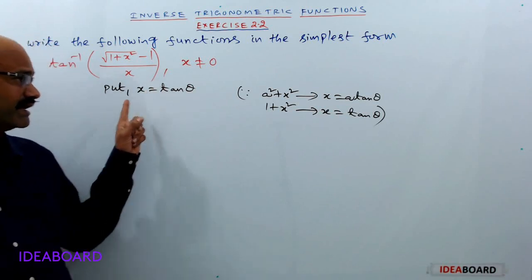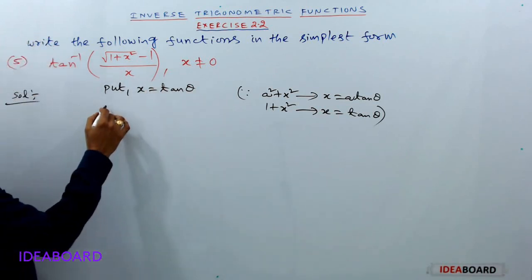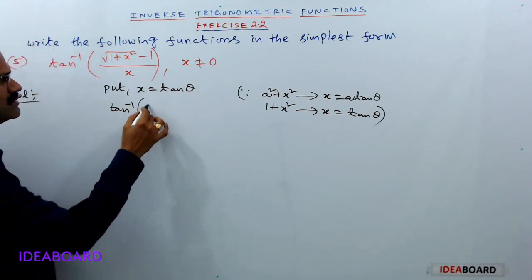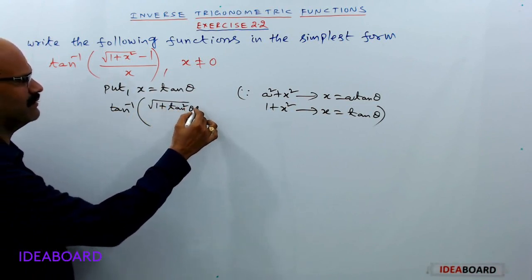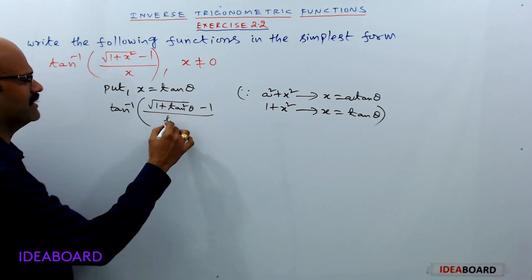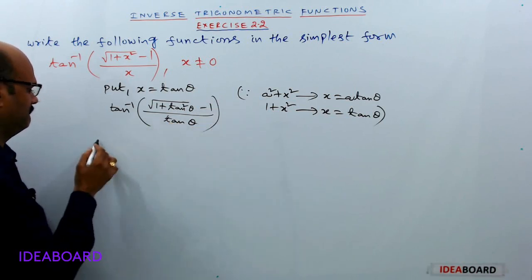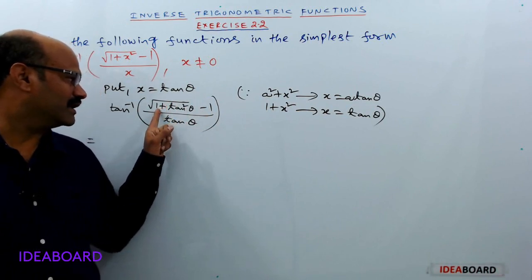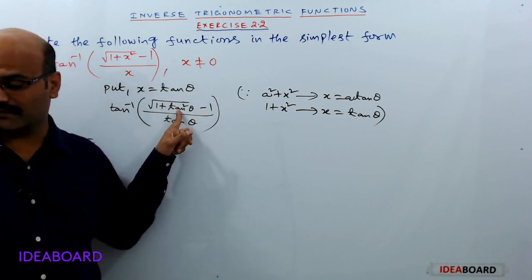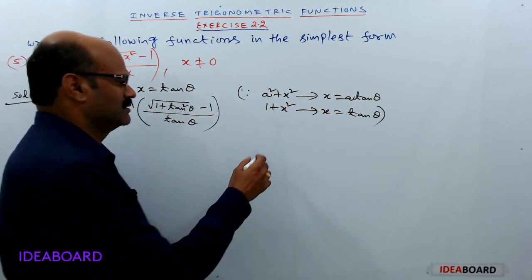then we get tan inverse of square root of 1 plus tan square theta minus 1 by tan theta equal to, we know that 1 plus tan square theta is always equal to secant square theta.